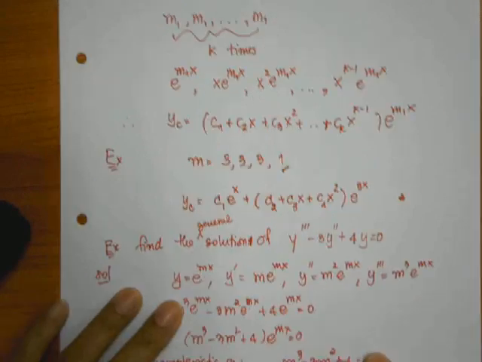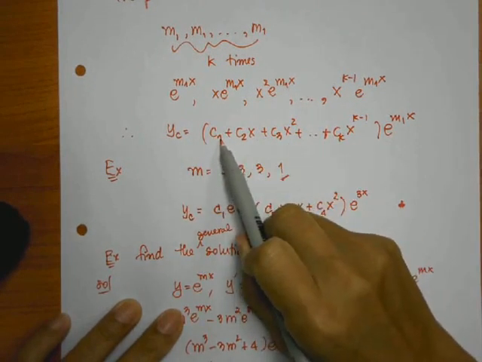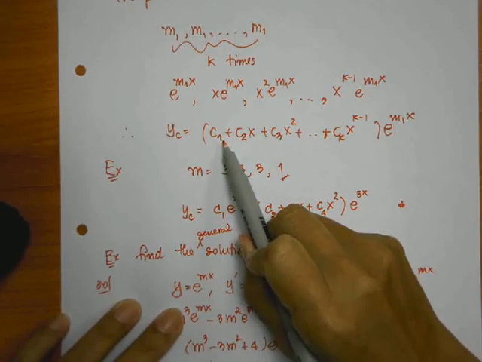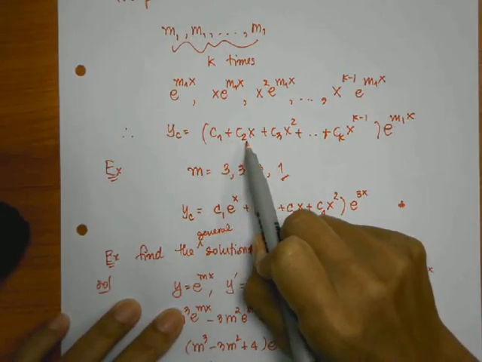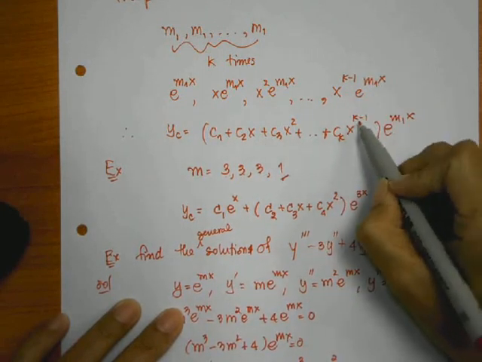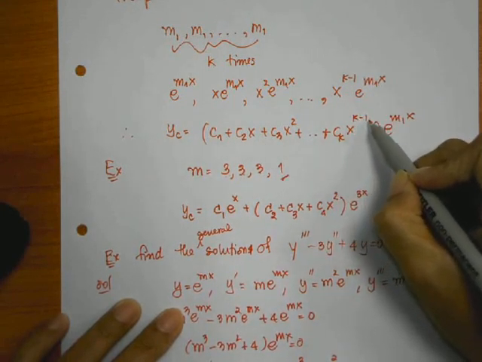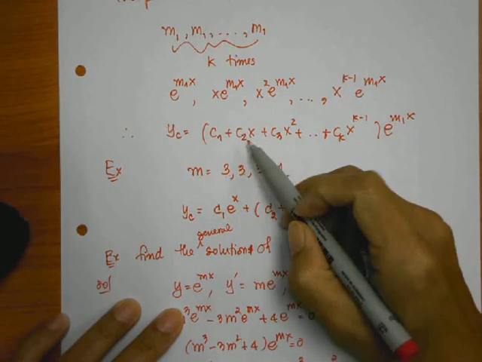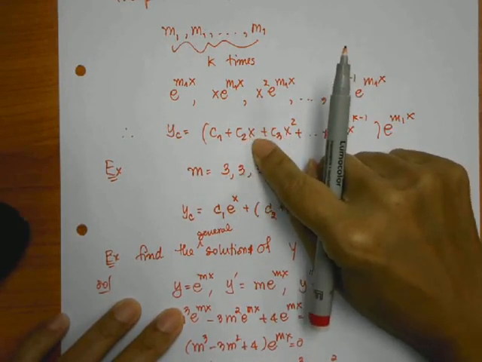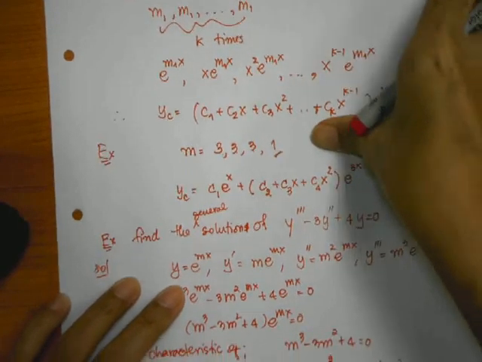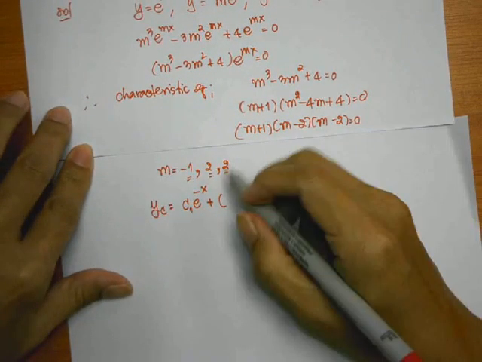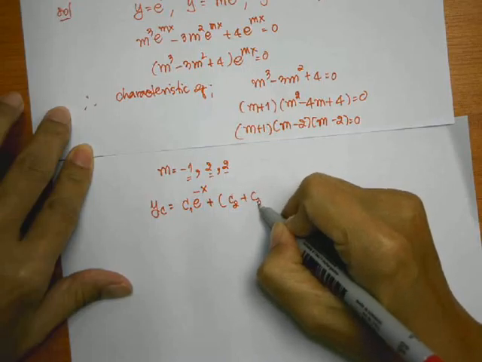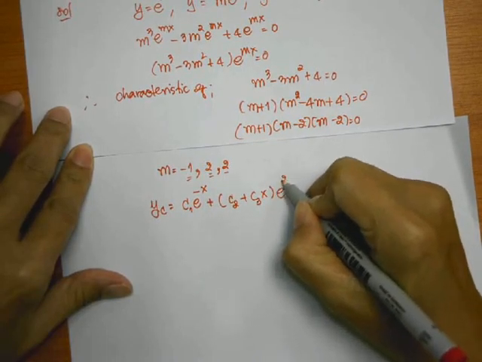Now the way that you write down, because C1 we already used, this one you got to start from C2. C2 plus C3x, right? Because your k is equal to 2, 2 minus 1 is equal to 1, so it's going to end at this term, okay? C2 plus C3x times exponential of 2x.